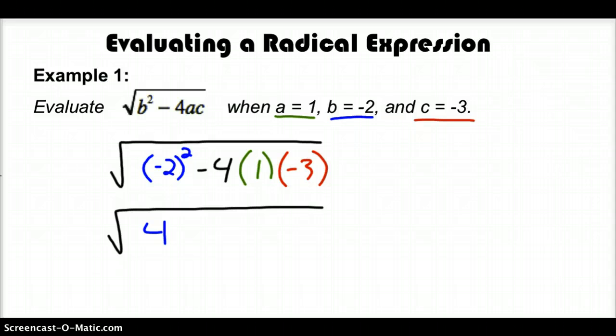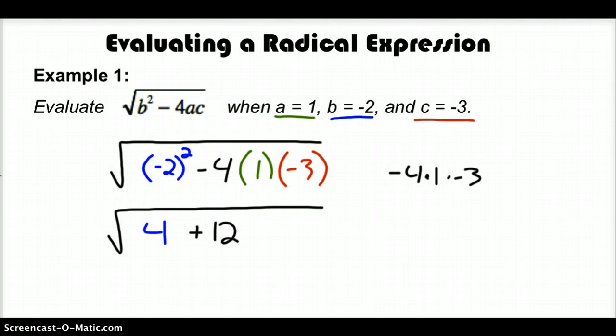Then at this next part I have this string of multiplication, where we have negative 4 times 1 times negative 3. What this ends up giving us is a positive 12.